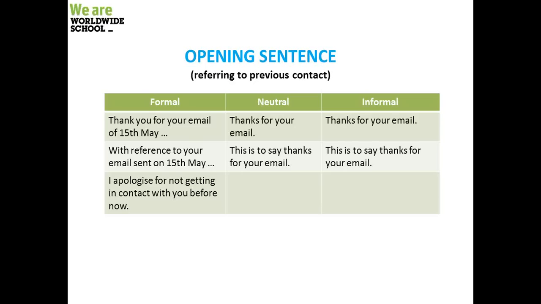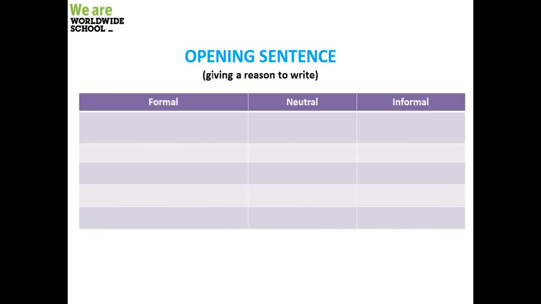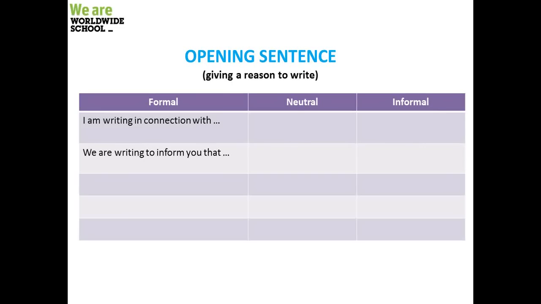I apologize for not getting in contact with you before now. In neutral emails and in informal emails, things are pretty simpler. So you can just write thanks for your email, or just to say thanks for your email, that kind of thing. Now, in an opening sentence, you could also give a reason to write, okay?